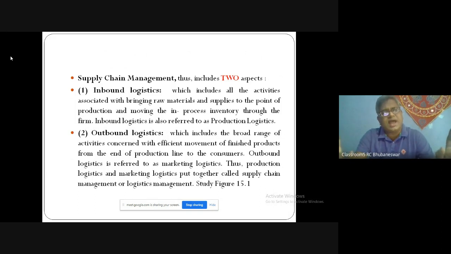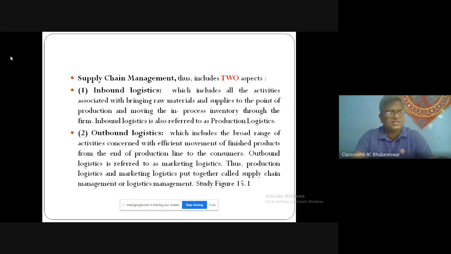If you talk about outbound logistics, it is delivering finished goods to the customer. You may call it out for delivery. Outbound logistics is also called marketing logistics.